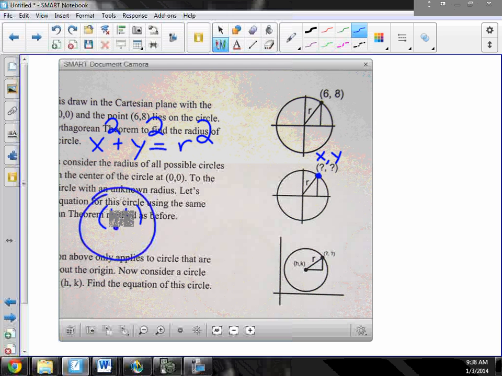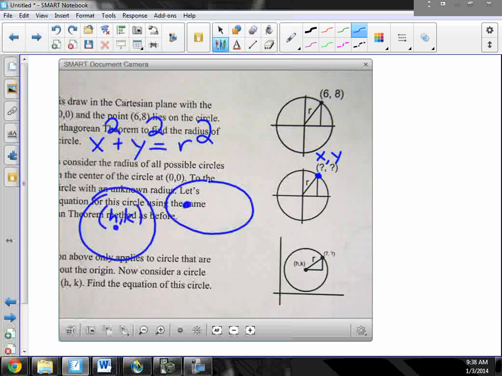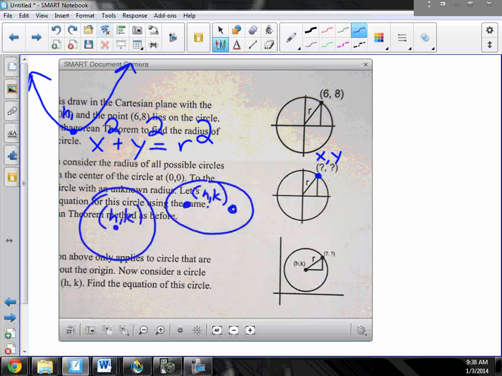If it's an ellipse, it has two foci, and the center is halfway between the two foci, and it's also called h, comma, k. In a parabola, and we haven't talked about this yet, the vertex is at h, comma, k.